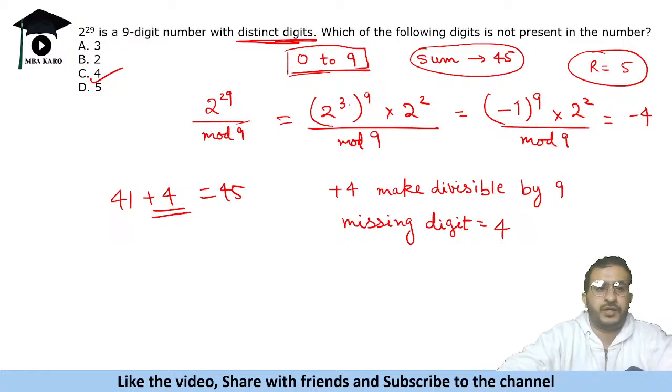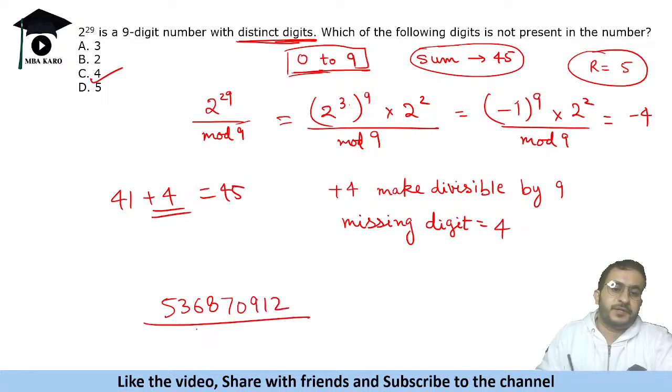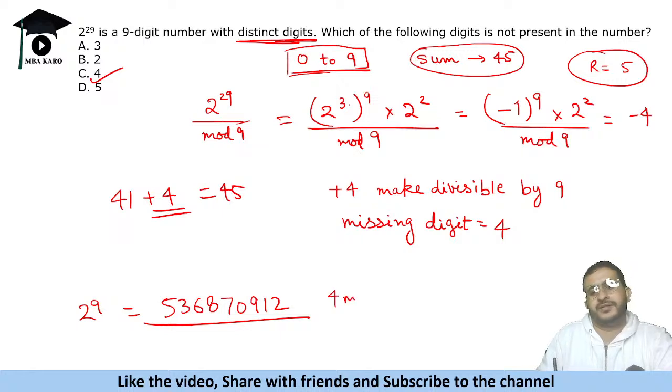And if you check out the number 2 raised to the power 29, which is, चेक कर लेना, 5368. कैलकुलेटर में आई डोंट नो इतने डिजिट्स आते हैं कि नहीं आते. और ये आपका नंबर आ रहा है. इसमें भी आप देख सकते हो 4 इज मिसिंग.